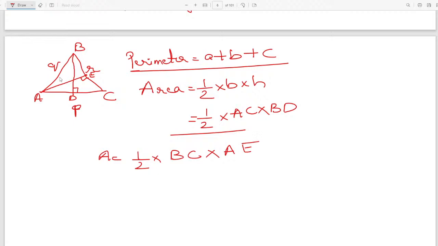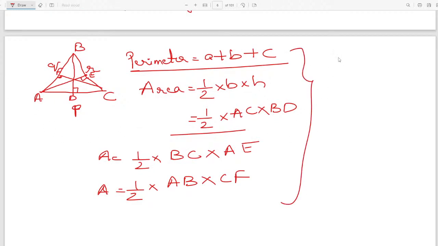And if you draw a perpendicular from this vertex, and let this be F, again the area would be equal to half into AB as the base into the height CF. So in all three cases, the area would be the same.